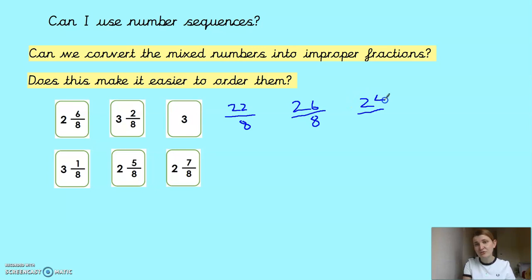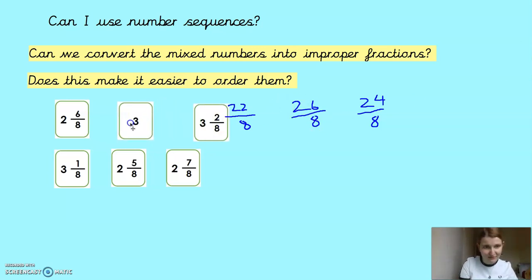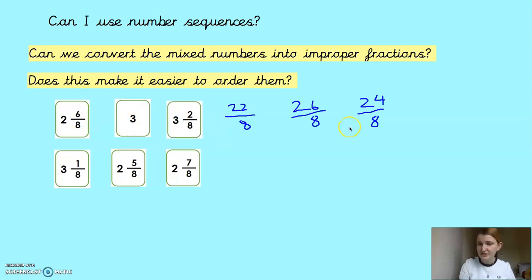I haven't got any numerator to add. But my denominator still stays the same. So I've got 22/8, 26/8, 24/8. So if I was putting those in order, I can see that I need to swap these round. And then it goes up by 2 8s each time.